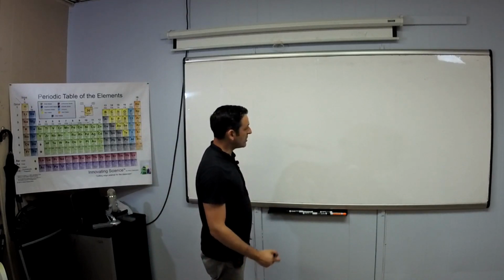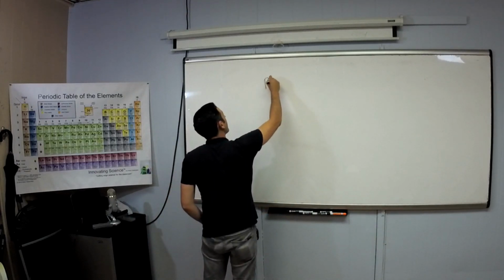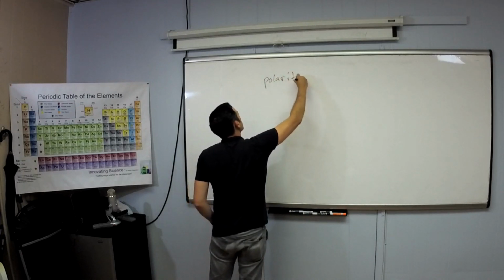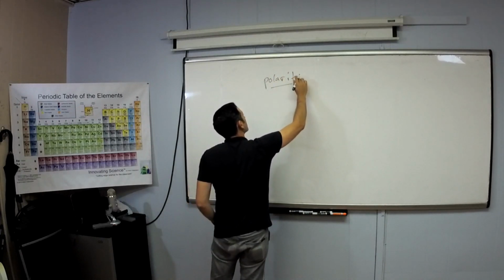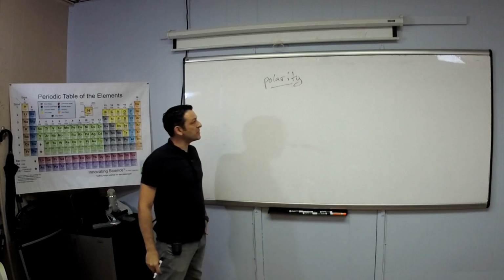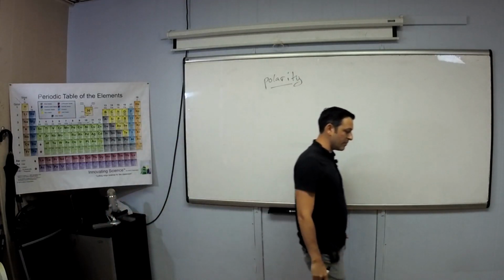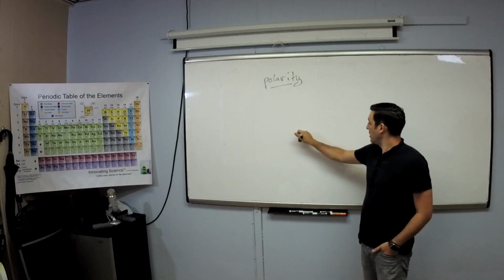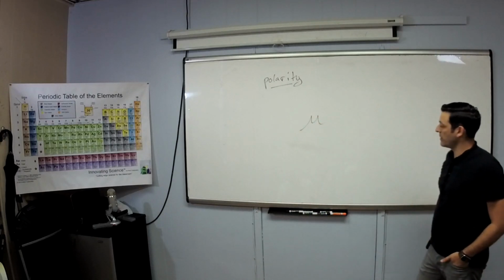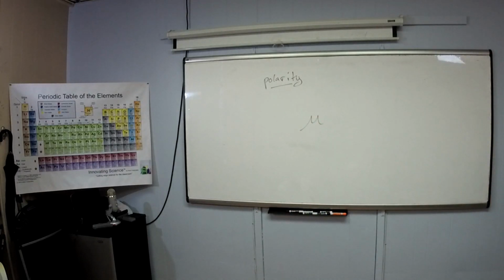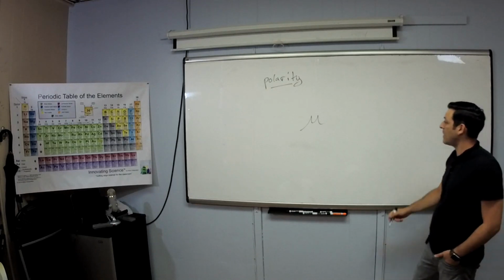So we're talking about polarity. There's a big difference between bond polarity and molecular polarity. Molecular polarity is measured in terms of this symbol, mu, which is the symbol for dipole moment.